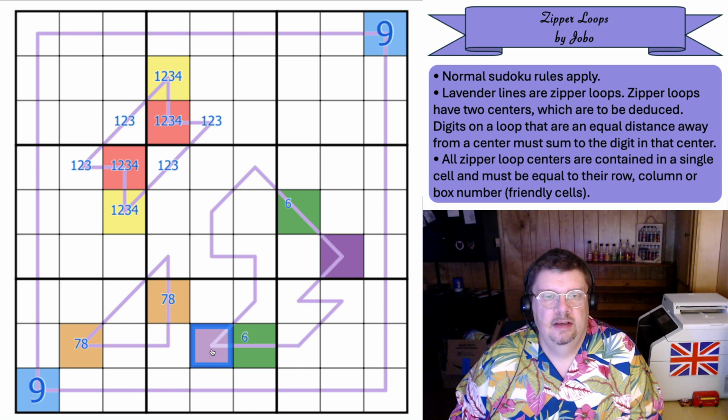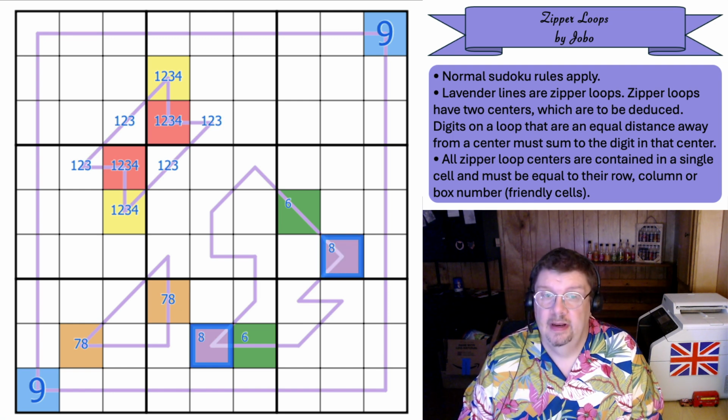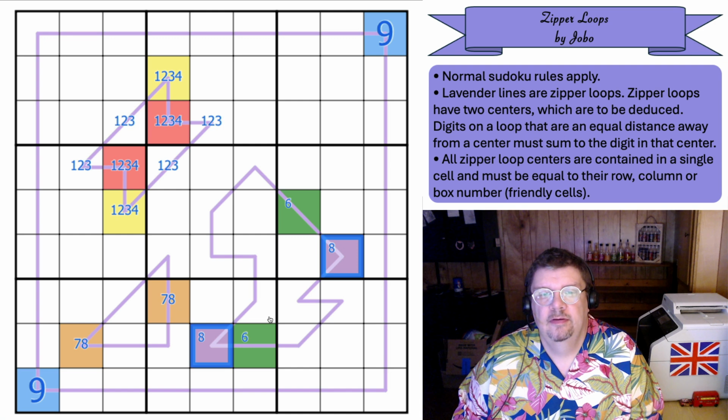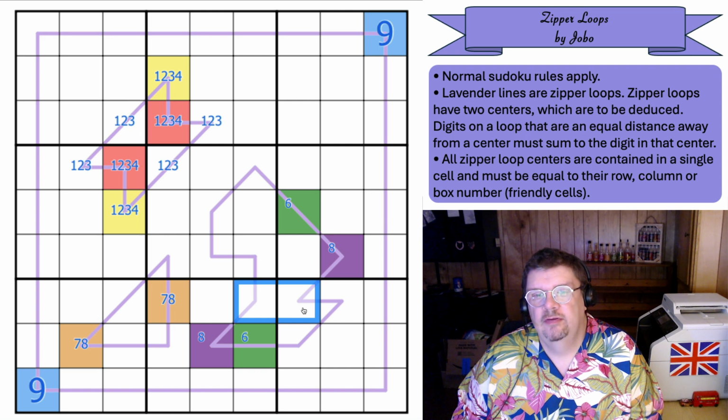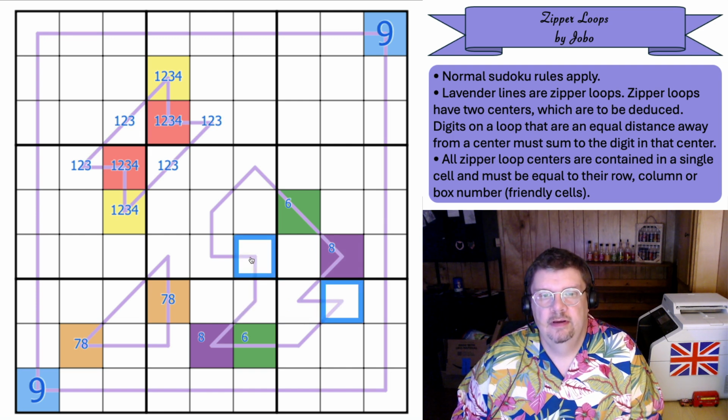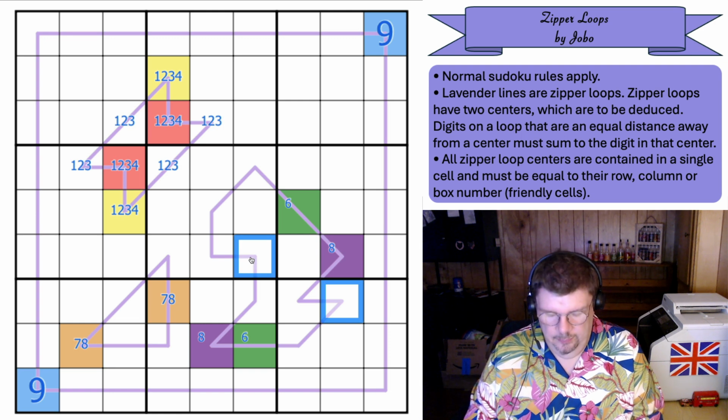This here is 8, 8, or 5. So one of those two would be an 8 if that's our center. This digit and this digit can't be center because they see each other by sudoku. That was easy.